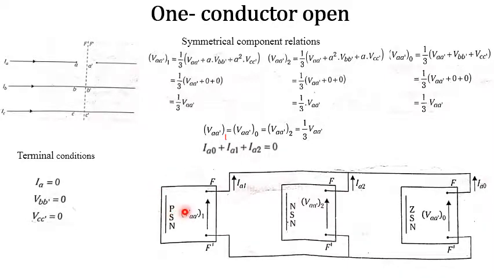You can see that the PSN is parallel to the NSN and the NSN is parallel to the ZSN, because the current flowing is I1, the current flowing across is I2, and for the ZSN the current flowing is Ia0, which is going to add up. So this is the condition for one conductor open.